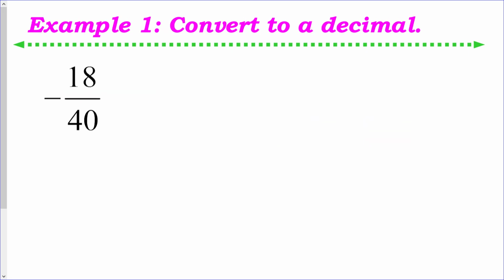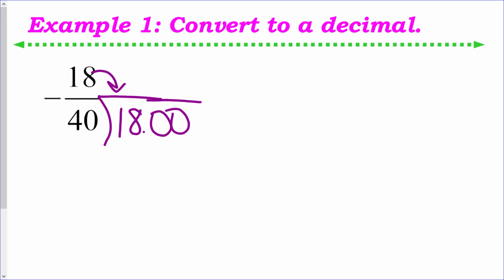Okay, so let's start with this one, -18 over 40. If you need a special technique to think about it, you could always think, drop it down, build a house, throw it in. The 18 is going to go into the house. Again, the numerator goes inside the division house.